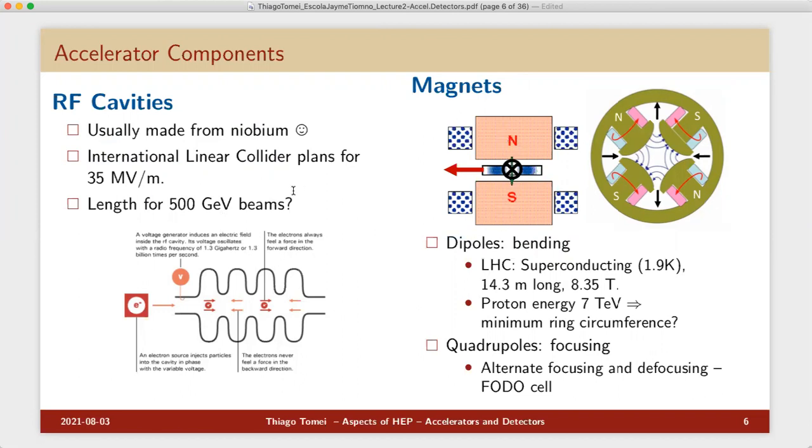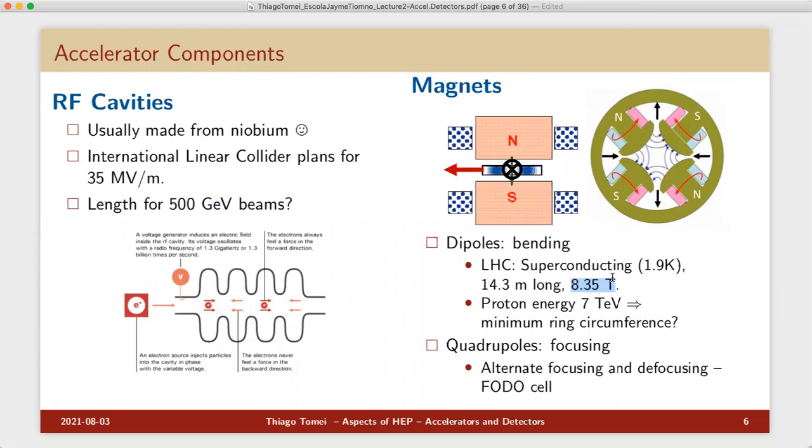And if you run again the numbers for what kind of field strength you need to bend particles that are traveling at, let's say, 500 GeV or 1 TeV or 7 TeV, like in the LHC energy, it turns out that you need the magnets at the level of a few Tesla. And if you remember your electromagnetism classes, you will notice that a Tesla is an extremely strong magnetic field.